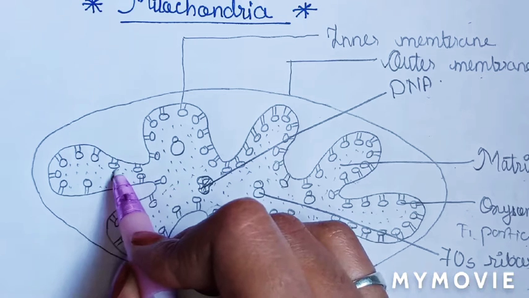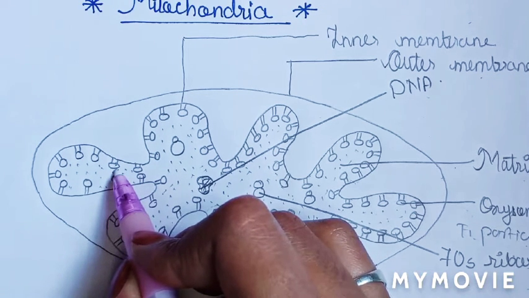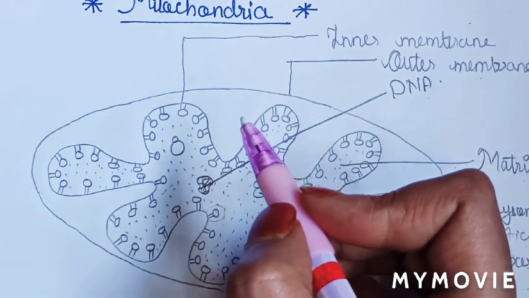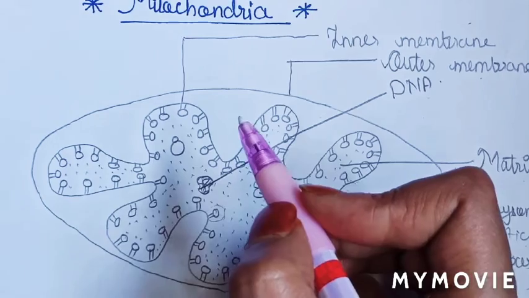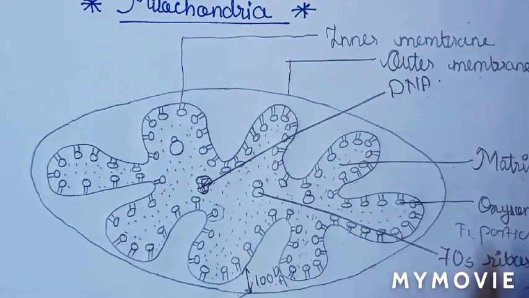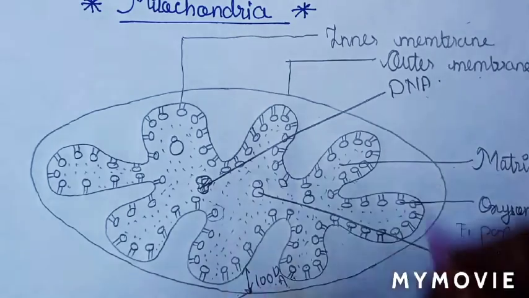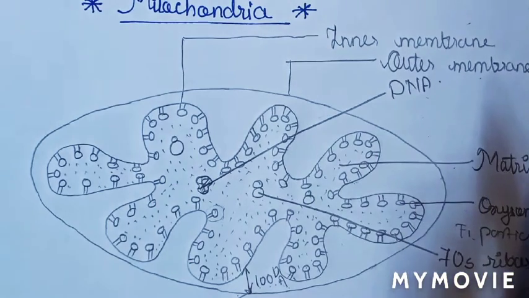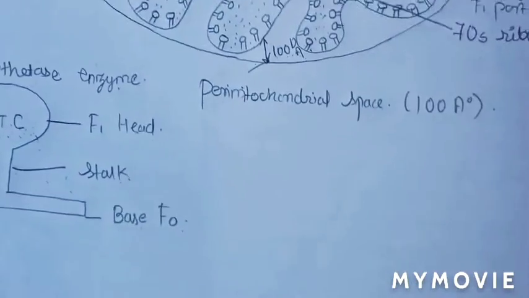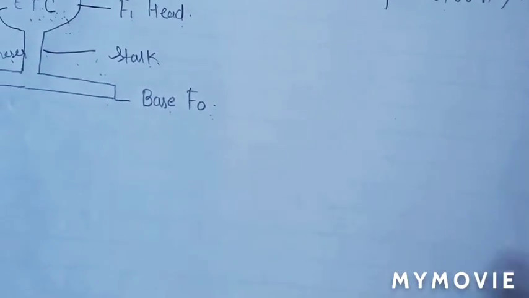So these particles are also known as Moron particles, or we can call them F1 or F0 particles. Now we are going to see what the matrix is and what F1 particles are and how they work, the function of mitochondria. First we will write some points in the description, okay?